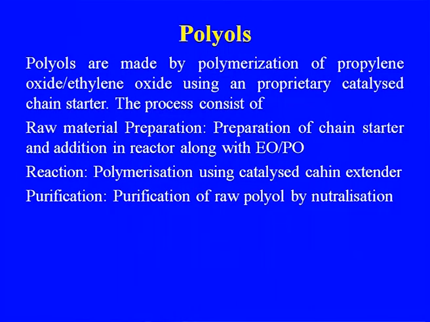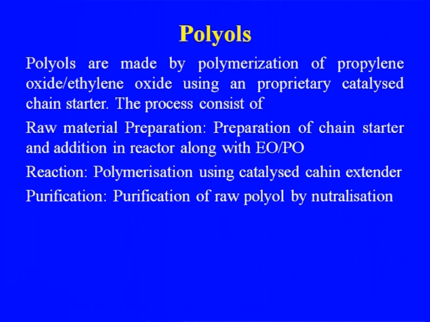So let us come to another important outlet for the propylene, the polyols, because this is finding wide application in the manufacture of the polyurethane. So polyols are made by polymerization of the propylene oxide and ethylene oxide using a proprietary catalyst and chain starter. The process consists of the raw material preparation section, reaction section and the purification section.